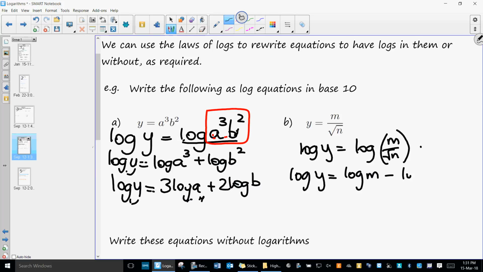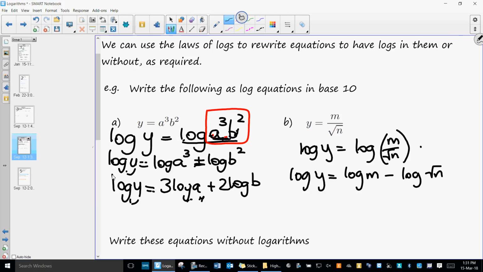Lovely. Elena, do you see why we did this? No. Okay, so what was happening here to my a cubed b squared? What was happening to them? They're being multiplied because they're next to each other, yes? Okay, so when things are being multiplied, we can split them into log statements, and they would then become plus log statements separately, yes?